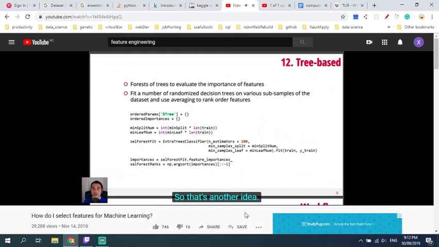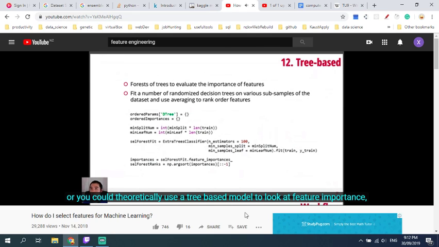So that's another idea. These last 2 ideas are only useful if that is your model that you're using, or you could theoretically use a tree-based model to look at feature importance and then not actually use a tree-based model for your model that you're building.